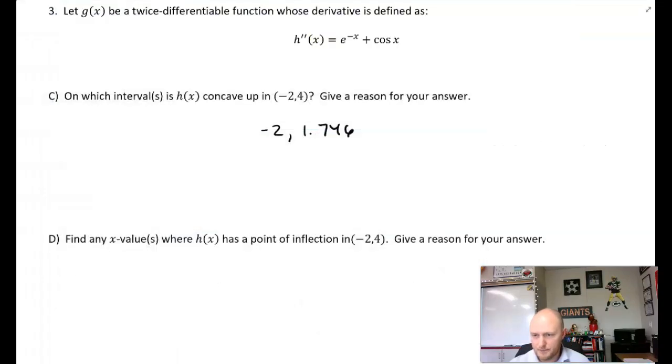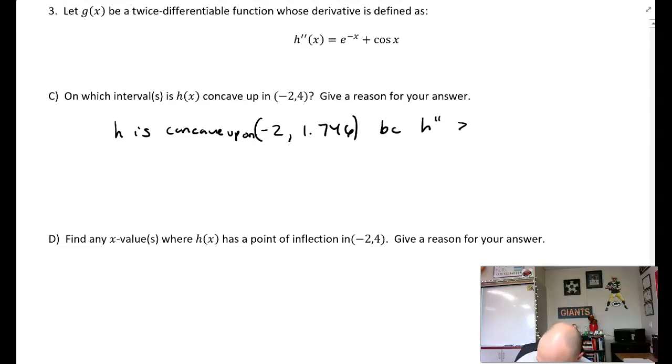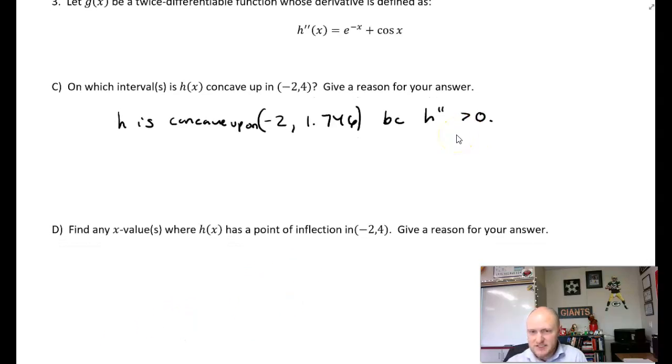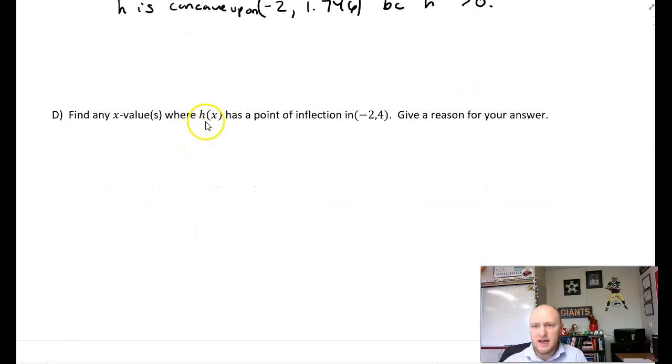Okay, and we can say h is concave up on that interval because h double prime is greater than 0.